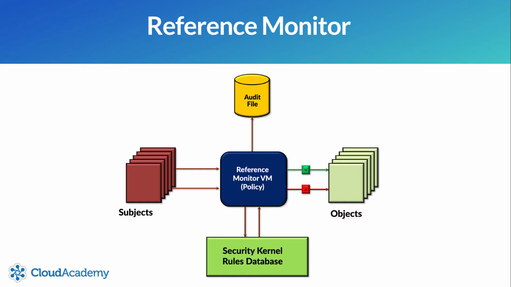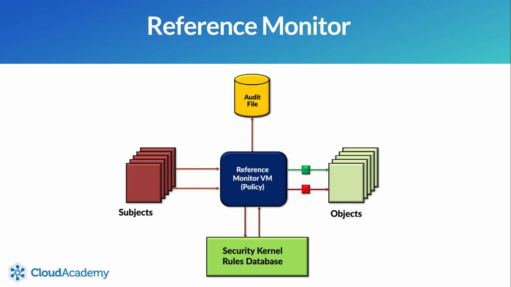When a subject accesses or attempts to access an object, the reference monitor intercepts the subject's attempt. It then accesses the security kernel rules database to determine whether or not that subject is permitted to access that object in that particular mode.